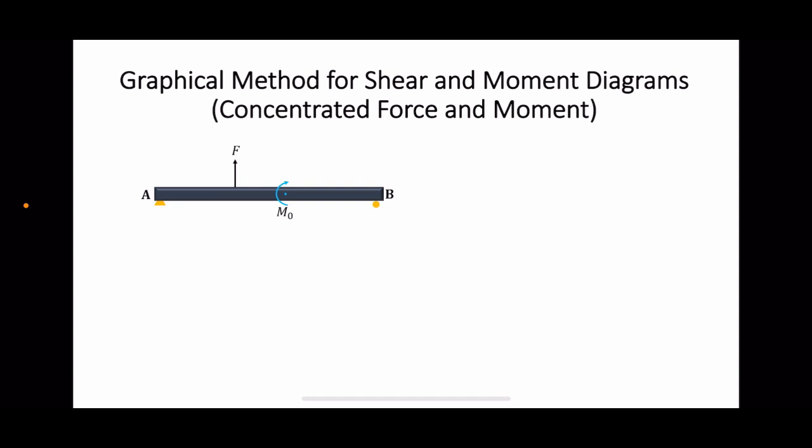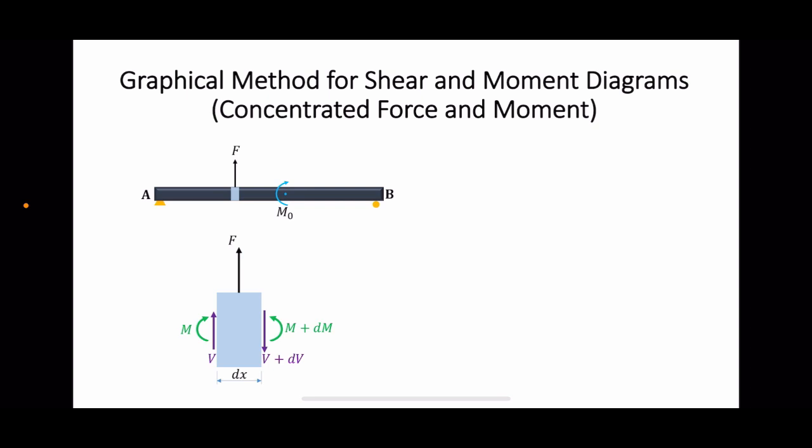Now let us consider the effect that a concentrated force or moment will have on the shear and moment diagram. To be specific, let us consider a beam with a concentrated force and a concentrated moment as shown on the screen. Let us consider a length element right at the location of the concentrated force and plot the free body diagram for the element.